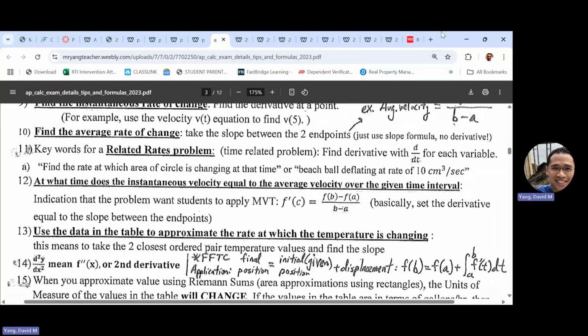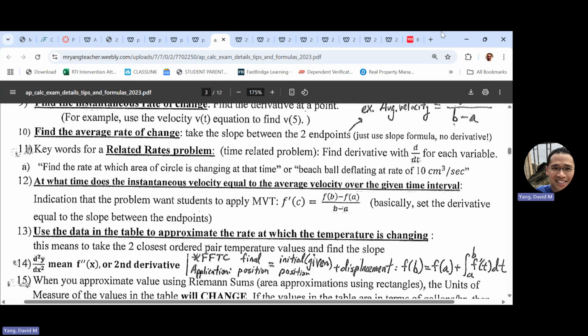Sometimes a problem is trying to get you to use mean value theorem without actually saying mean value theorem. So I want to give you some idea as to how they can reference it without actually saying it. One way is when they say, when does the instantaneous velocity equal the average velocity over a time interval? Or maybe they say, when is the instantaneous rate of change equal to the average rate of change?